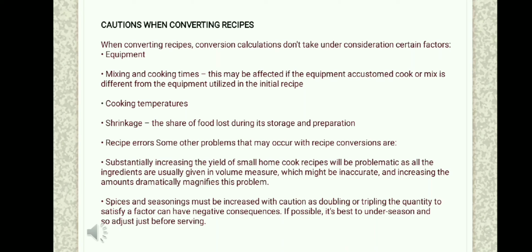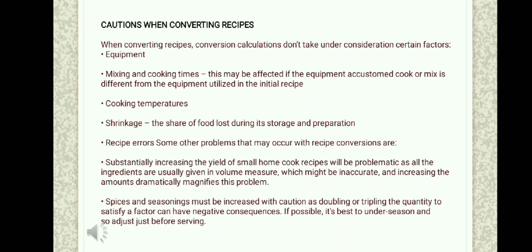The next one is recipe errors. Some problems may occur with recipe conversion, substantially increasing the yield of small home cooks' recipes. Recipes are usually given in volume measures, which might be inaccurate, and increasing the amounts magnifies these problems.